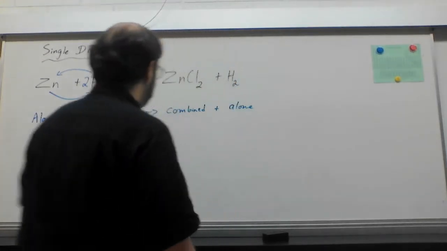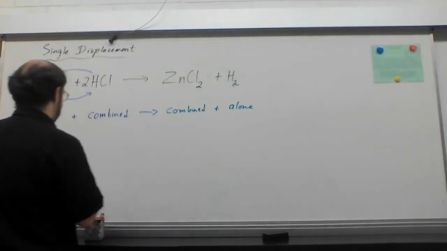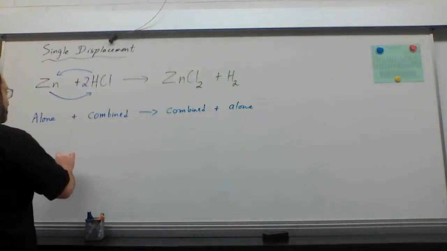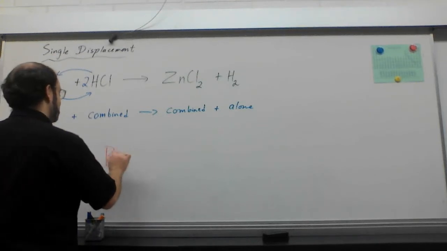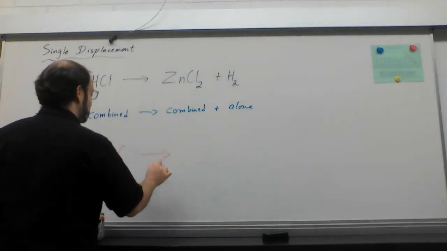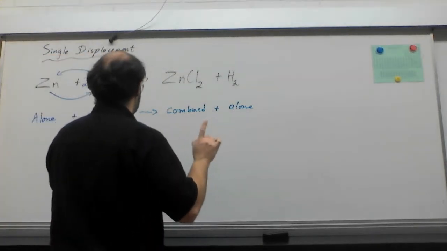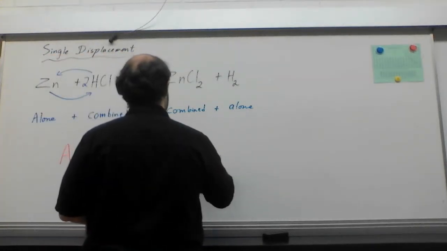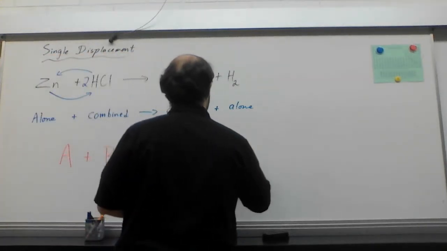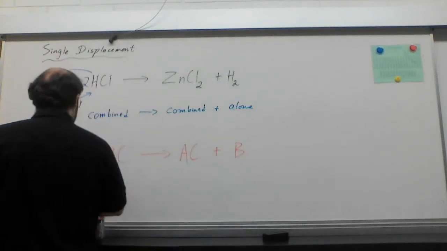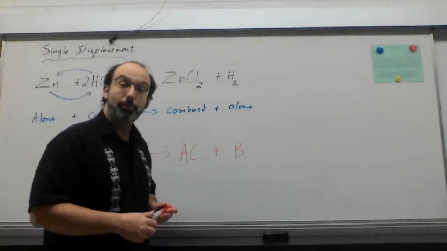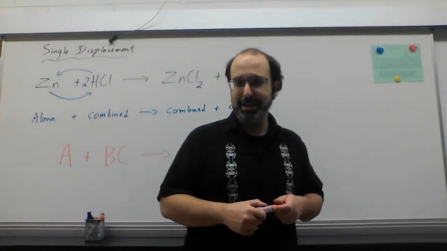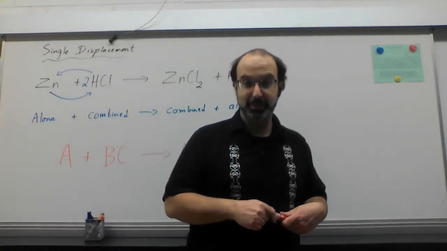Now, in terms of what this looks like, again with the generic form, we've got A by itself plus BC goes to make, now this we always have to make sure we're careful, it's AC plus B. So in this case, the A and the B flipped places. Now, why did A and B flip places? Why didn't A and C flip places?